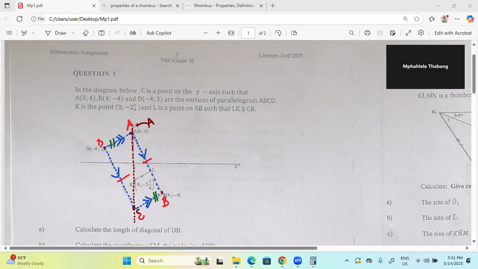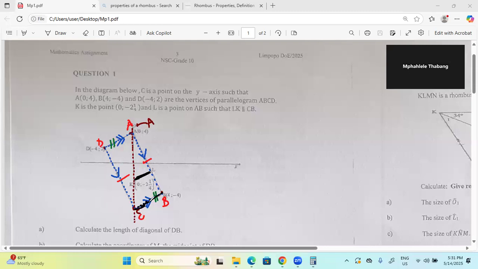Now, they say K is a point, and L is a point on AB, such that LK is parallel to CB. They are saying there is a LK here. Yes, and they are saying this LK is parallel to CB. CB is here.